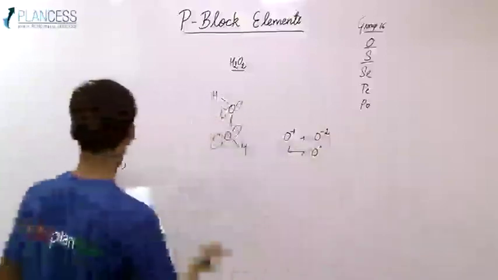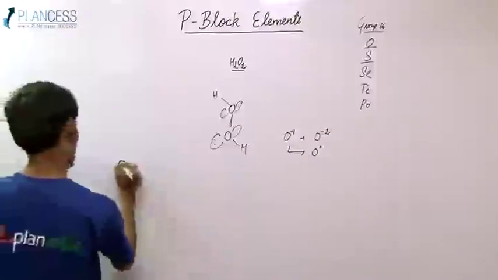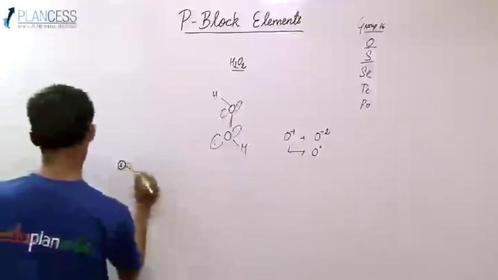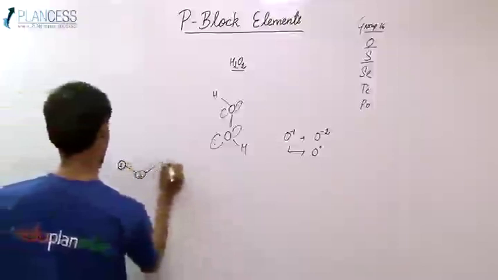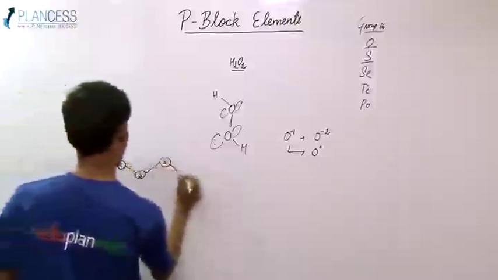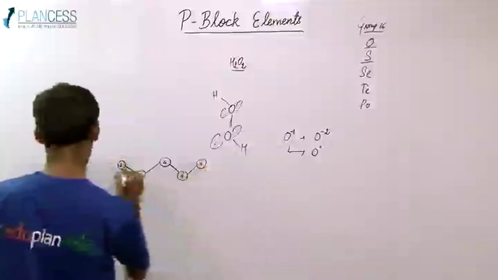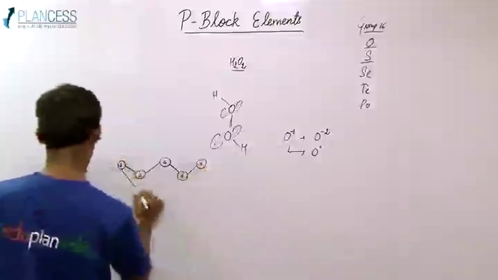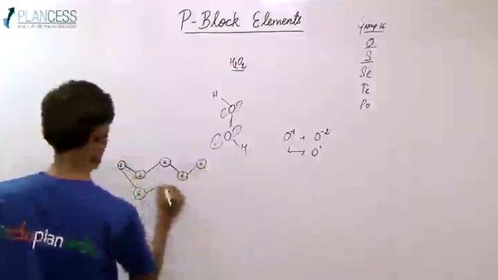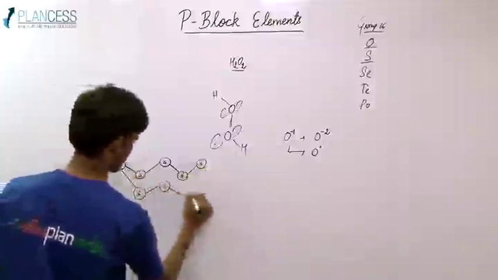So I will just draw the diagram of the crown puckered structure of sulfur. There are 8 atoms here, sulfur here and sulfur here.